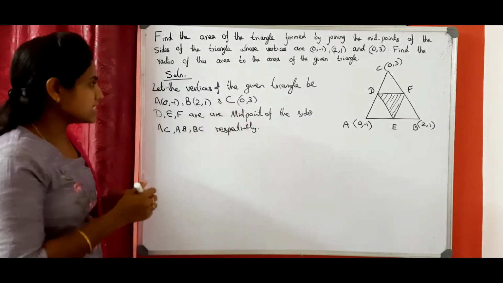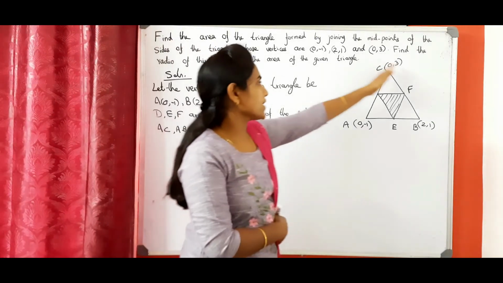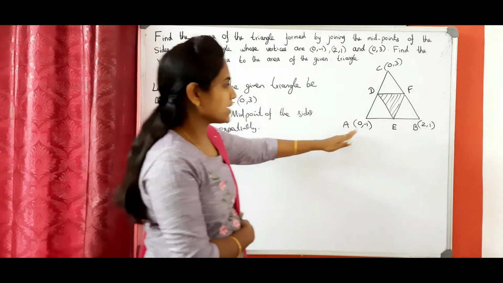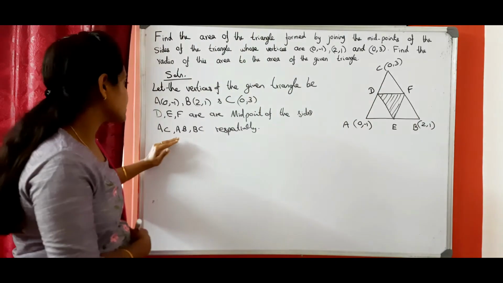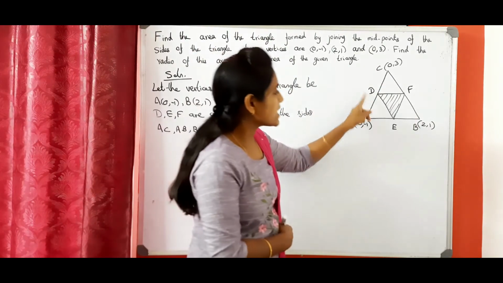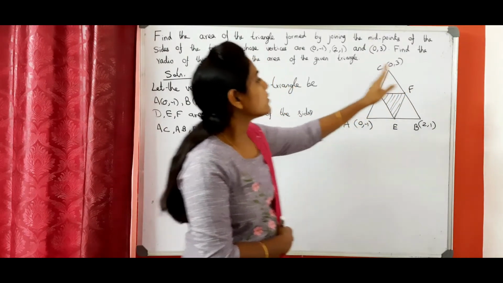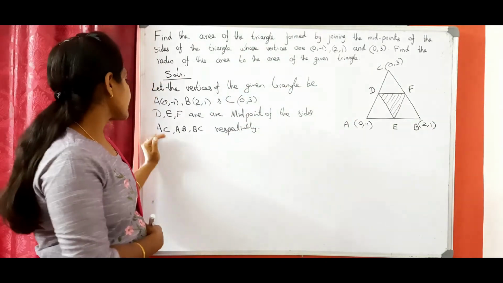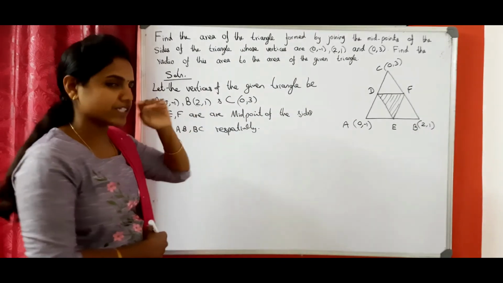So I take the given triangle's vertices as A, B, C, and D, E, F as the midpoints of the sides AC, AB, BC respectively.